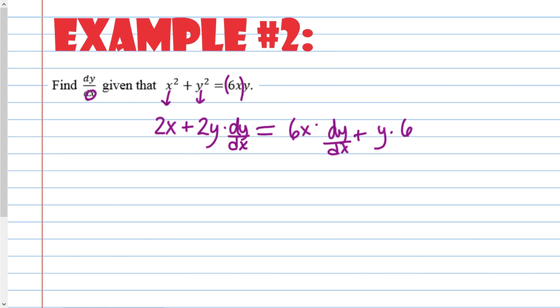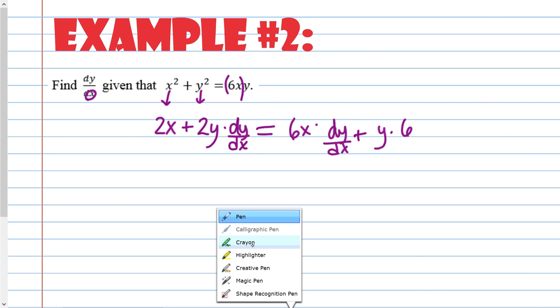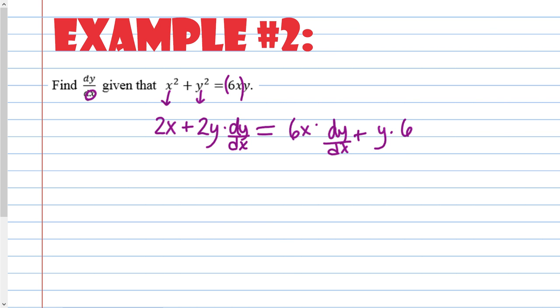If you look back up at the guidelines, it says collect all the terms involving a dy dx on the left side of the equation. So what is actually being multiplied with dy dx? This term right here has a dy dx, and this term has a dy dx. They're being multiplied. The other two, the 2x and the 6y, I'll just rewrite that real quick. That's 6y.